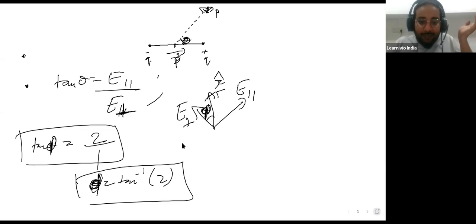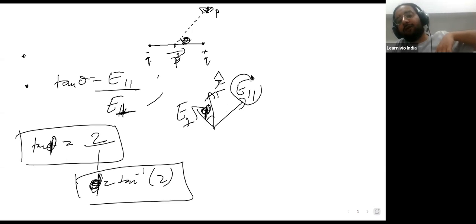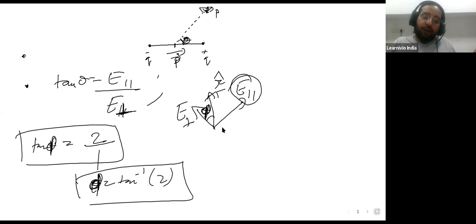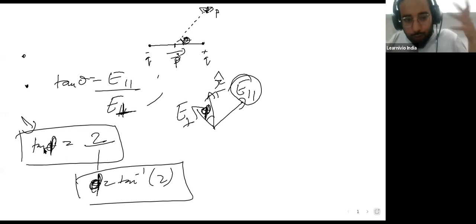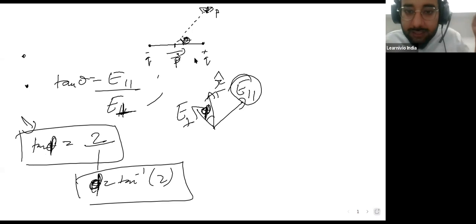Using this fact, you might be given one of the components, and you can use it to calculate the other component. It's always a good habit to keep in your mind. You also notice where this is coming from, so it's easier to remember. It's coming from the fact that the parallel component is twice the perpendicular component. So all of this makes sense.